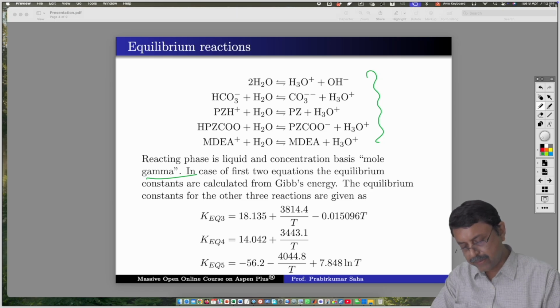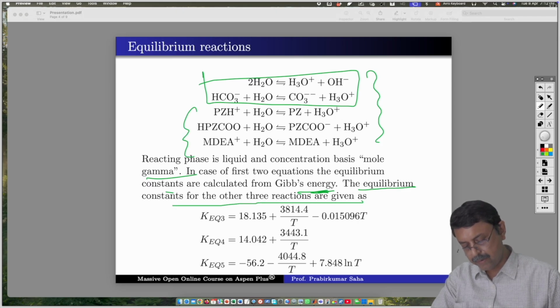In case of the first two reactions, the equilibrium constants are calculated using the Gibbs energy. Okay, so these are the first two reactions. The equilibrium constants are calculated from Gibbs energy, while the equilibrium constants for the other 3 reactions are given as this.